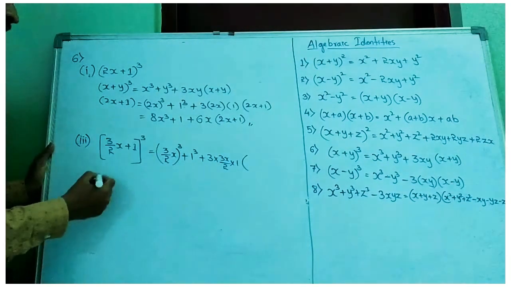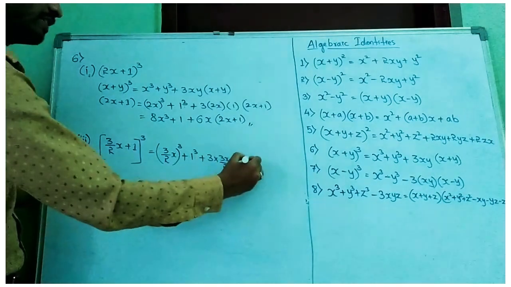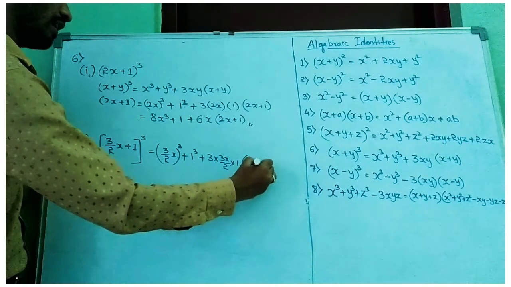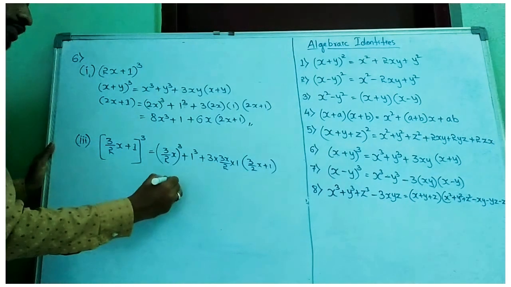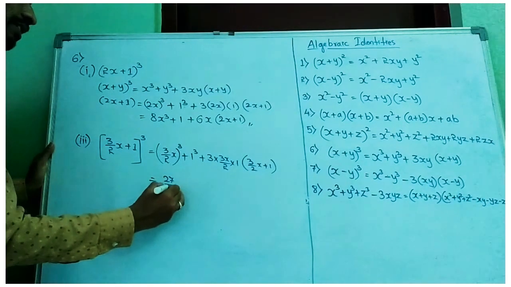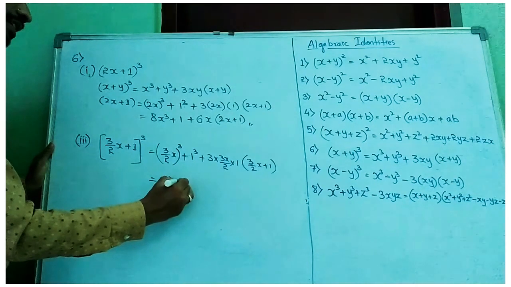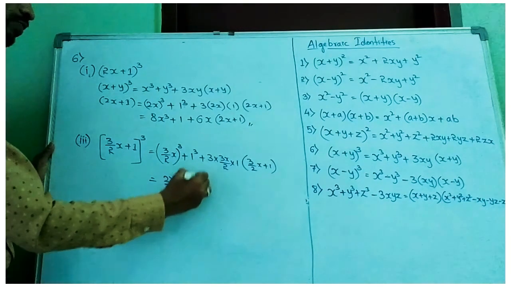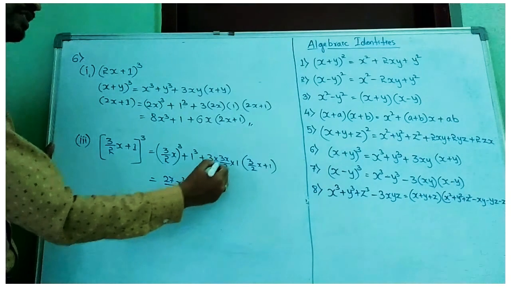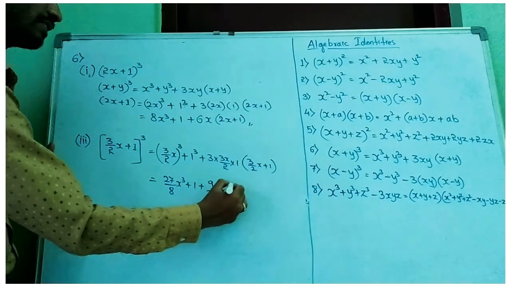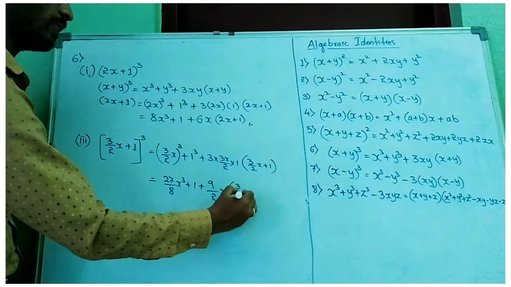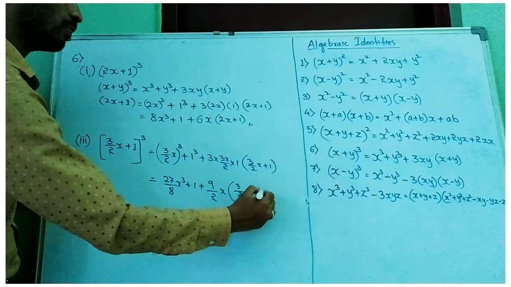So x plus y, same thing, again you have to write it: 3/2 x + 1. So 3 cube is 27 by 2 cube is 8, x cube, plus 1 cube is 1, plus 3 threes are 9, 9 ones are 9 by 2 x, whole of 3/2 x + 1.